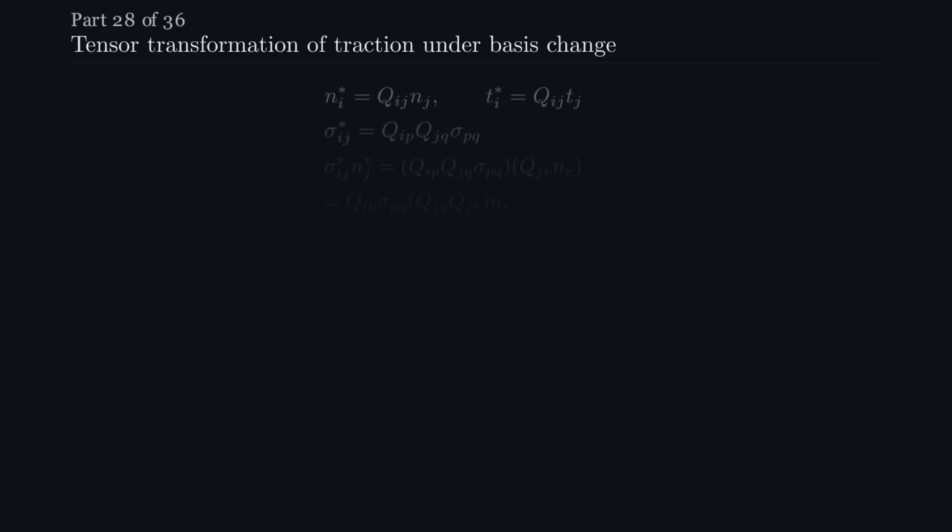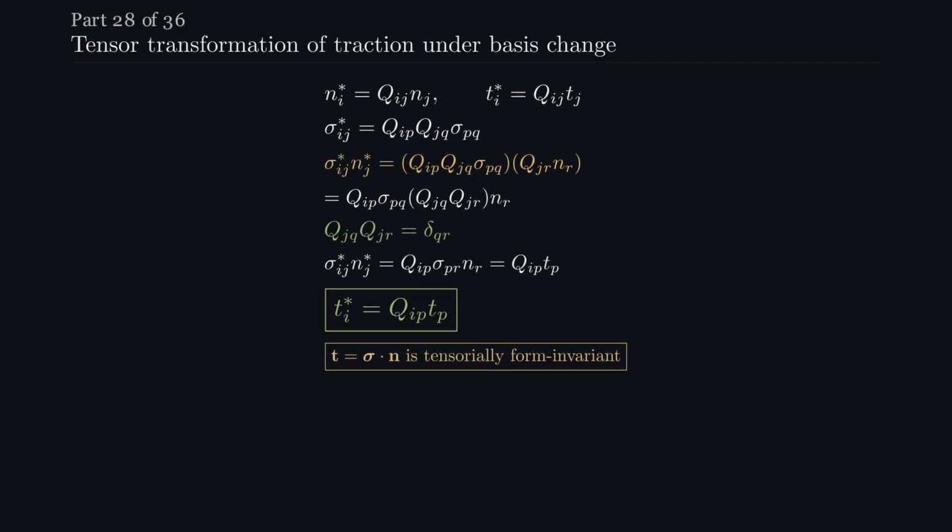The physical traction vector does not depend on the coordinate system, although its components do. Under an orthogonal basis change, vectors and second-order tensors transform by Q. Substituting the transformed stress and transformed normal into the traction law gives the transformed traction. This proves the tensorial form invariance of the equation.